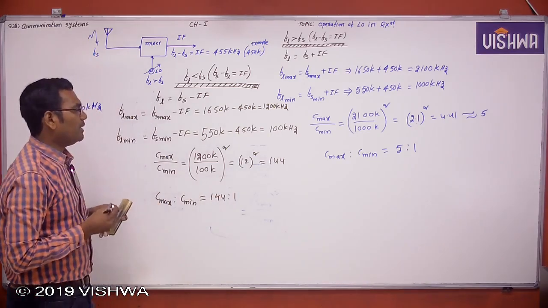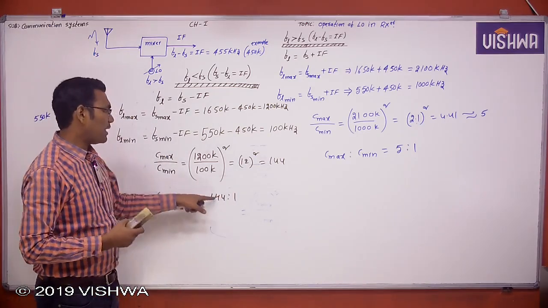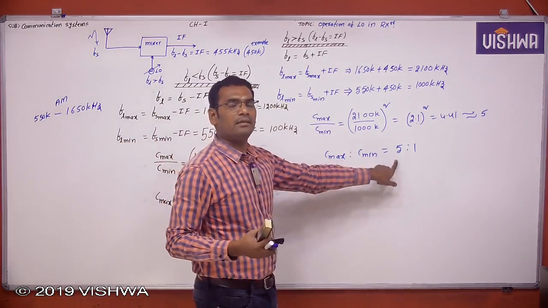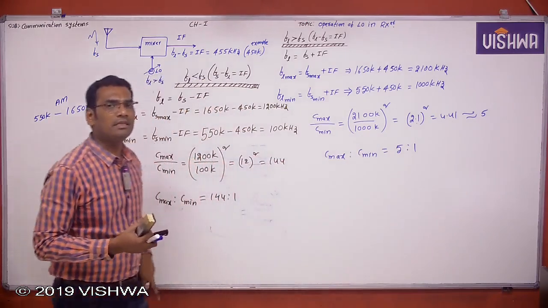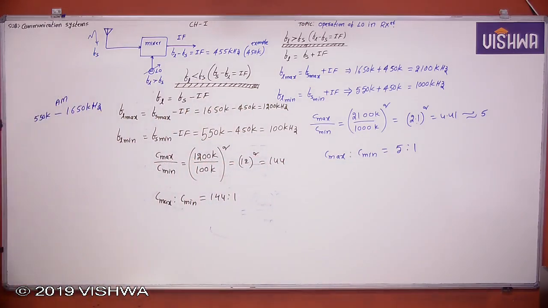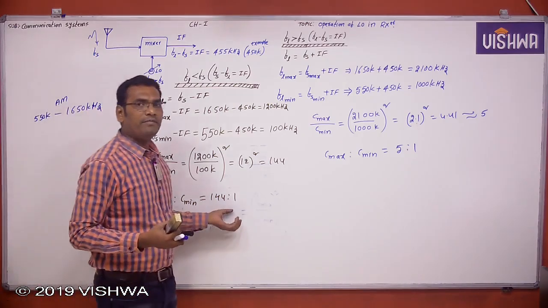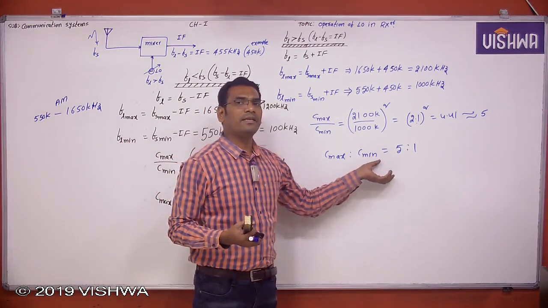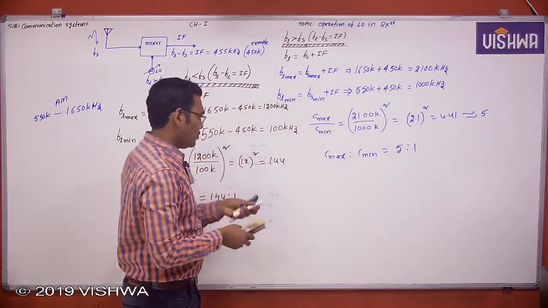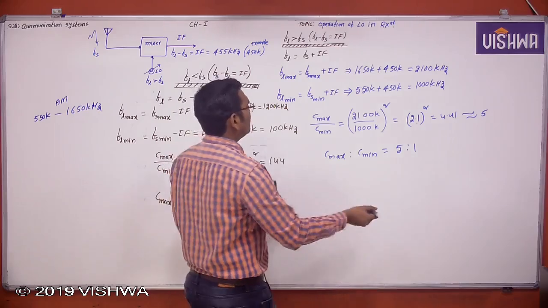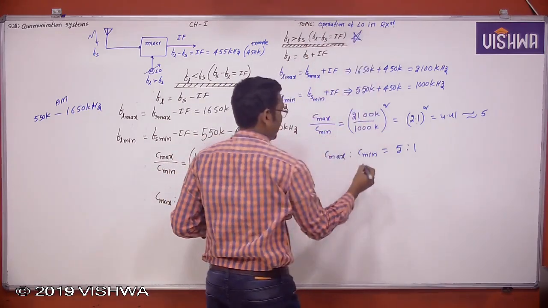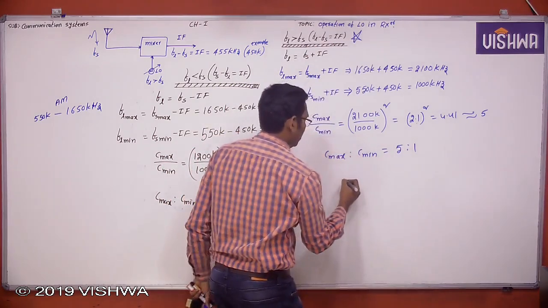Now you tell me, maintaining 144 capacitance ratio or maintaining a ratio of 5, which one is easy? Maintaining 144 is very difficult, but maintaining 5 is very easy. That is the reason why Fl greater than Fs is always preferred. This is 5:1.